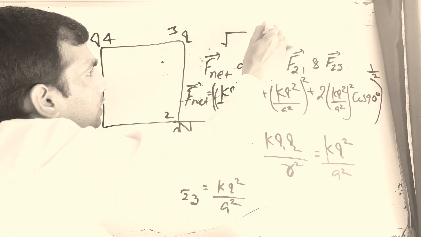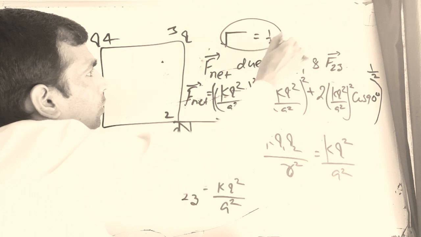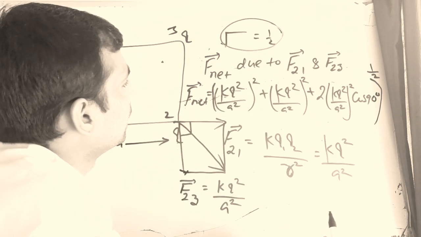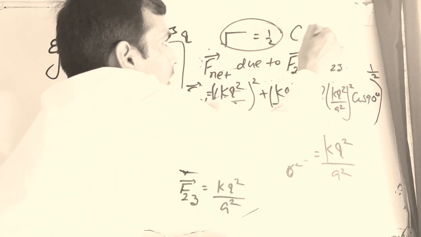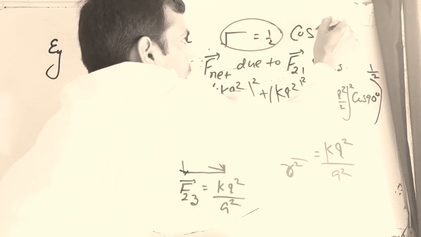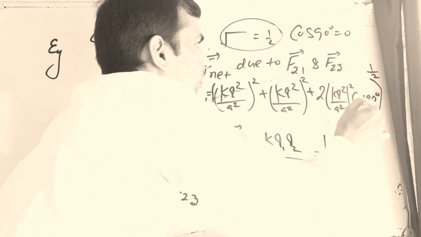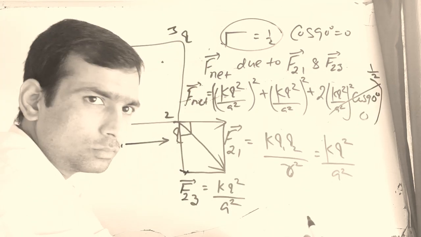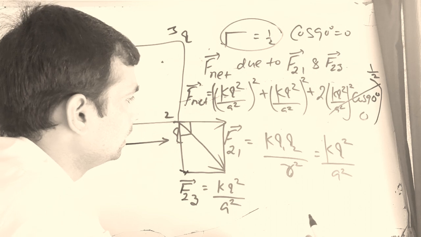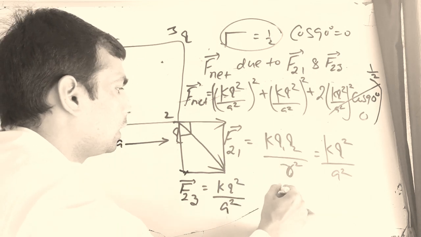This is equal to basically 1 by 2, right? Okay, so cos 90 degree is 0. So these whole terms go to 0. So finally, what is your answer?